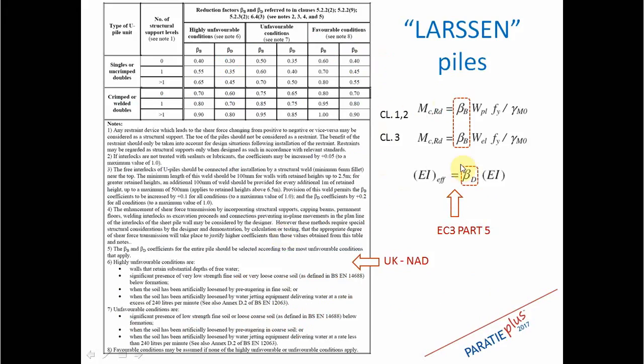Here is an extract of the English national application document that gives some recommendations for such factors. These factors must be used when calculating the flexibility and checking the resistance of such piles. They must not be forgotten.